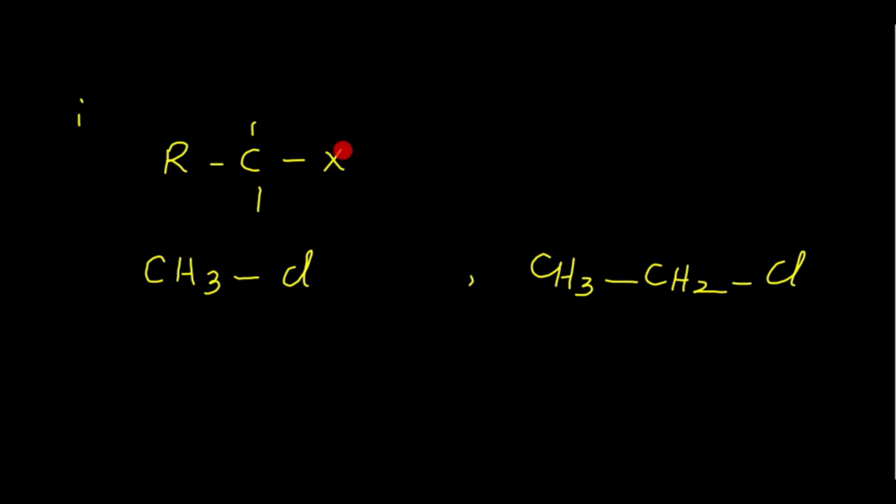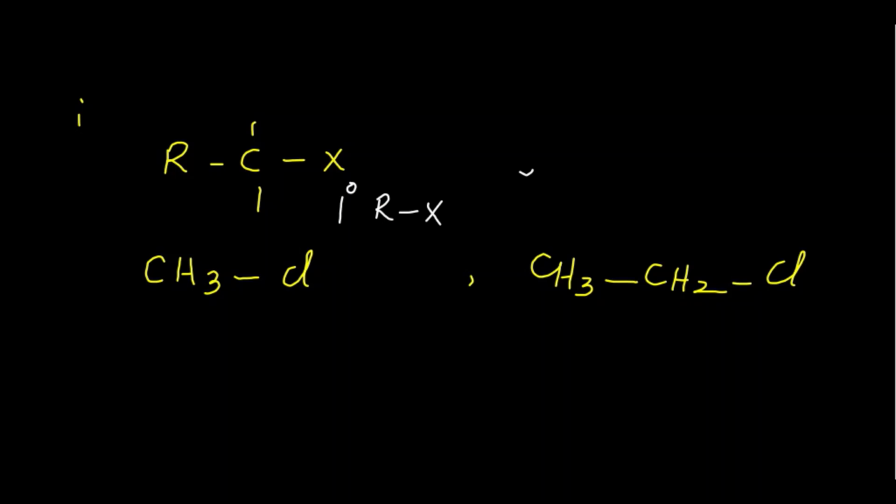The functional group, that is the halogen atom, is directly attached with primary carbon. That's why this is primary alkyl halide. Primary alkyl halide is usually specified with 1 degree.